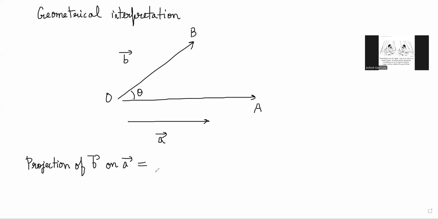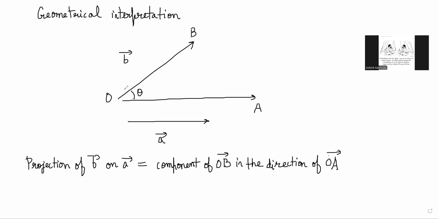What this means is, what is the component of OB in the direction of OA, right? If you think in physical terms, if this is a force OB in this direction, I need the component of force OB in the direction of the OA vector, right?